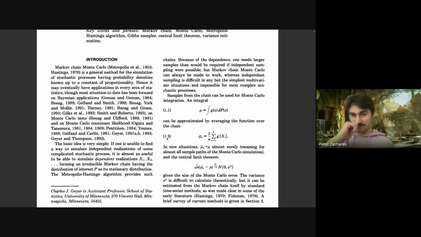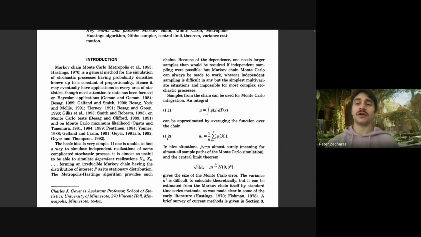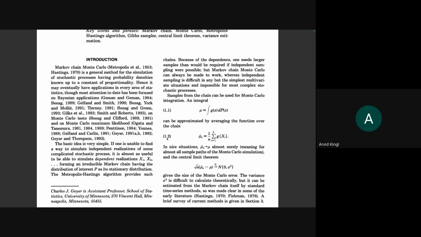Yeah, I guess I took your comment as saying that you do have to worry about whether the chain can get everywhere. Yeah, I think that is the assumption that is being made in the paper, that whatever process you choose, you assume that it can get everywhere.